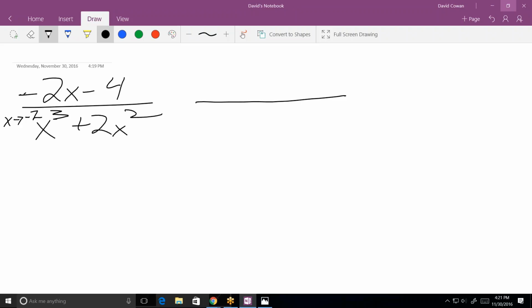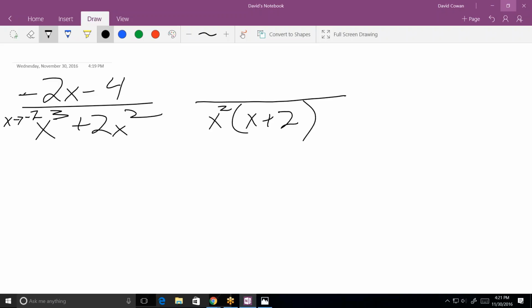Okay. So would it be x squared plus x, or like with the x on the other side? When you factor out an x squared, which is the greatest common factor, what are you left with? x plus 2. All right. Which tells me that I want an x plus 2 in the numerator. How do I get an x plus 2 in the numerator? What's the greatest common factor in the numerator?